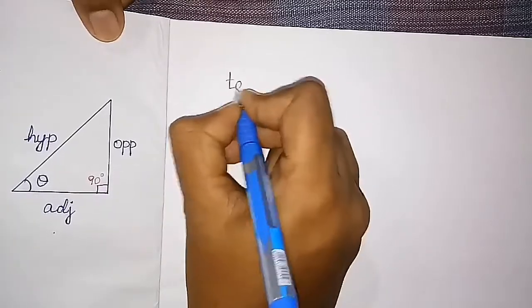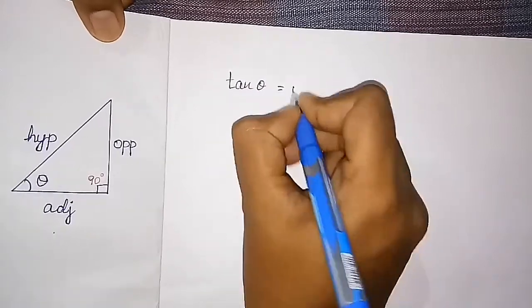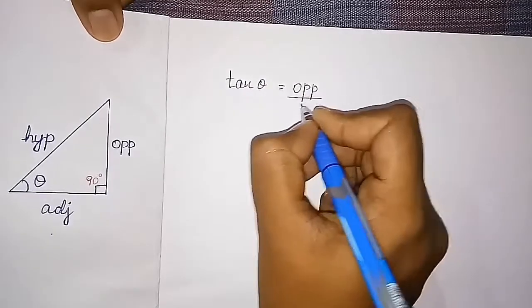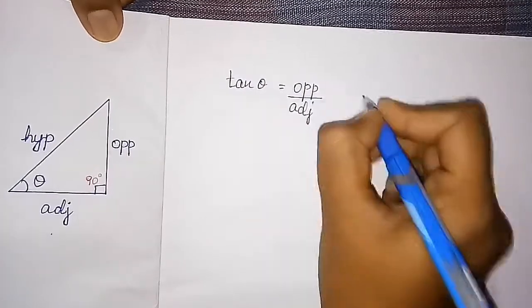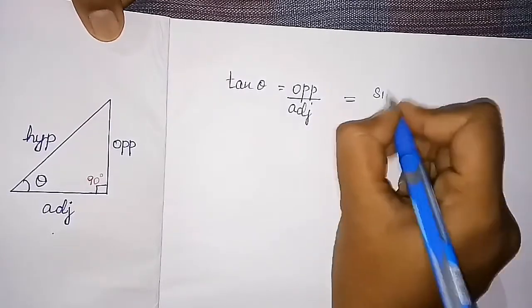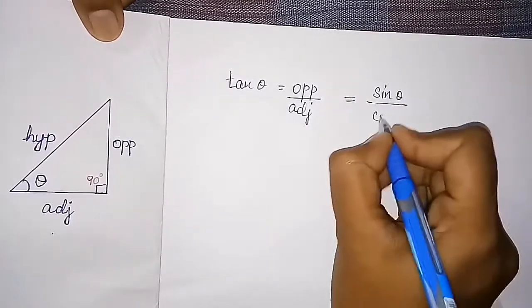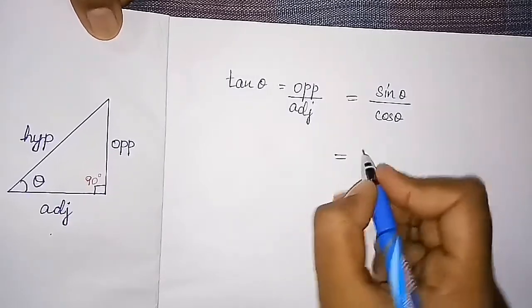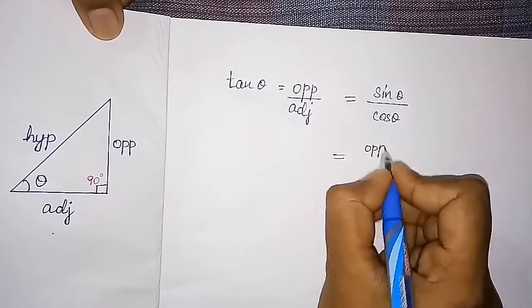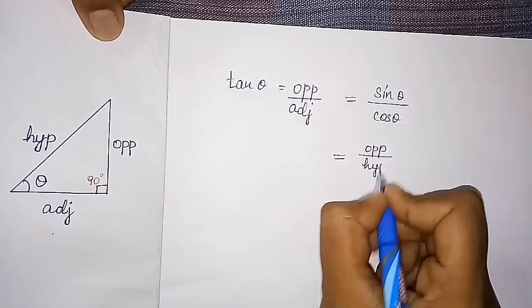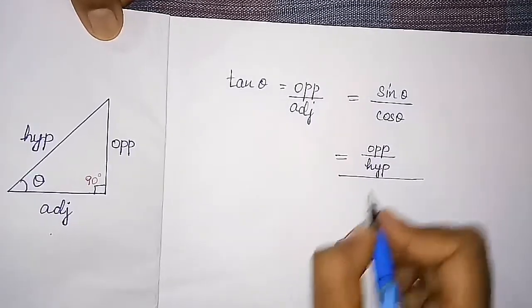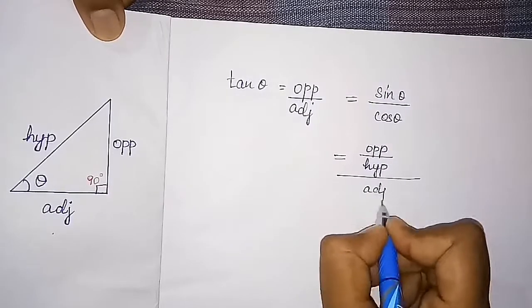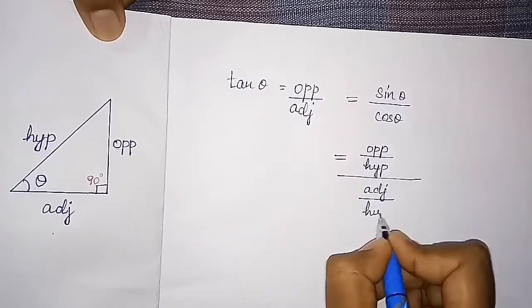Tan theta is opposite divided by adjacent. We can also say it as sine theta divided by cos theta. Why? Sine theta can be written as opposite by hypotenuse, divided by cos theta, which can be written as adjacent by hypotenuse.